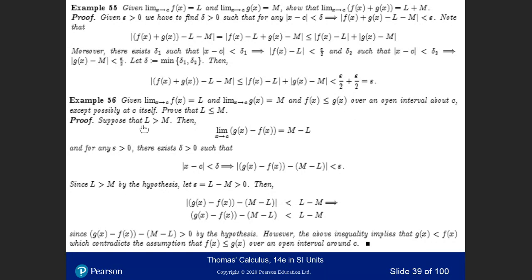Suppose that this is the given condition. Suppose that L is greater than M. I just assume the opposite.